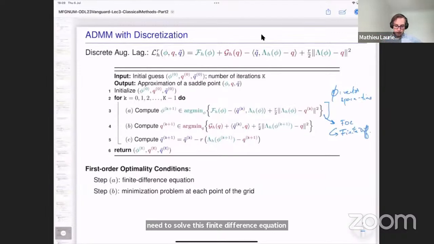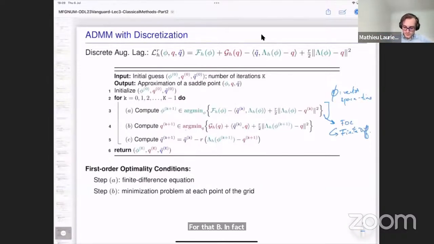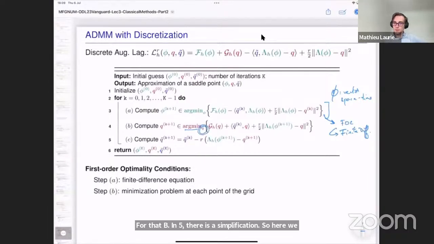For step B, in fact, there is a simplification. So here we have argmin over Q. Again, Q is a vector in space and time, so potentially it's a high-dimensional optimization problem. But in fact, if you look at the definition of G, if you look at the definition of lambda H, etc., you realize that the different points of the grid are not coupled.